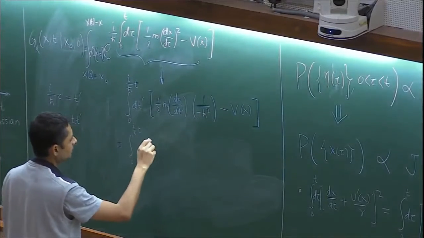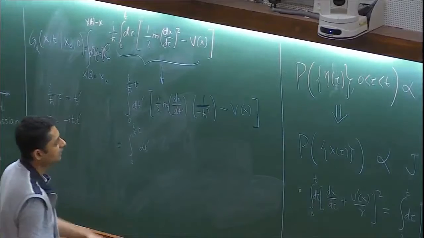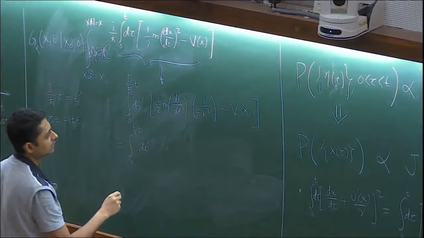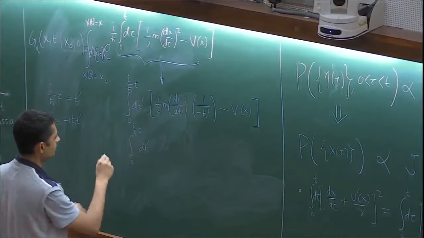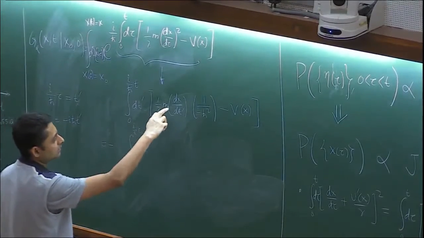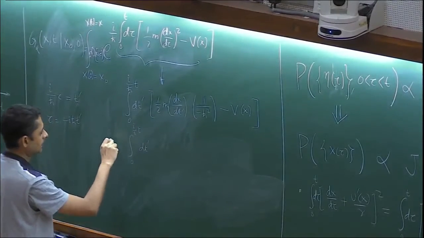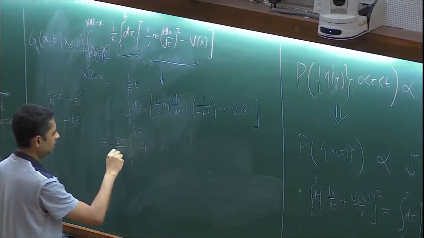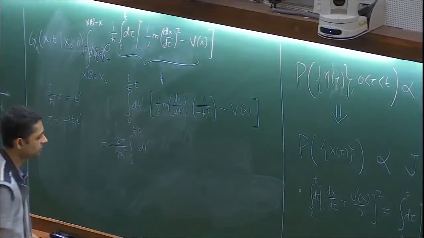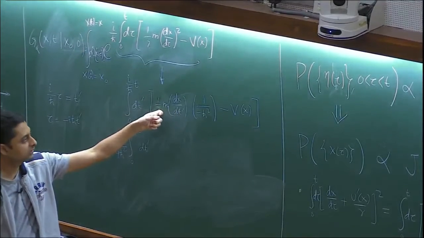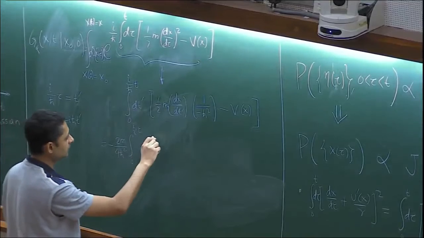So let's take a minus sign out. Minus, let's write this term 2m by 4 h cross square. I just multiply by 2 on both sides, and then write down the rest.